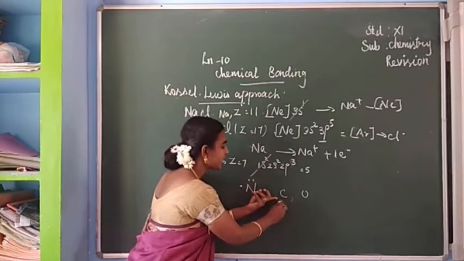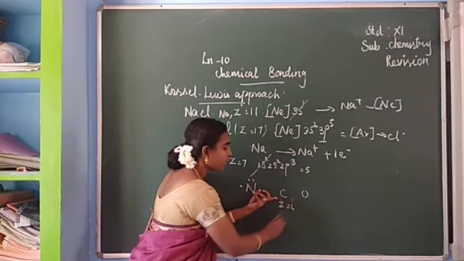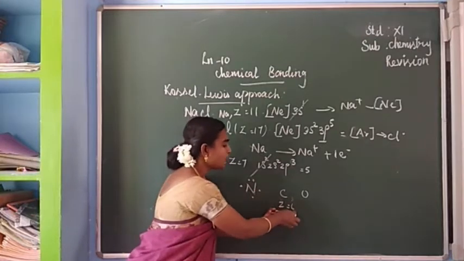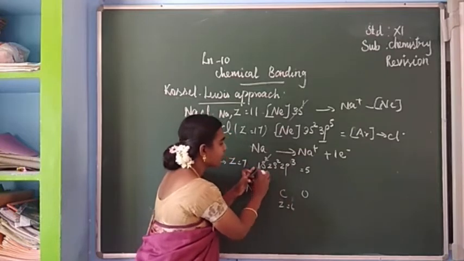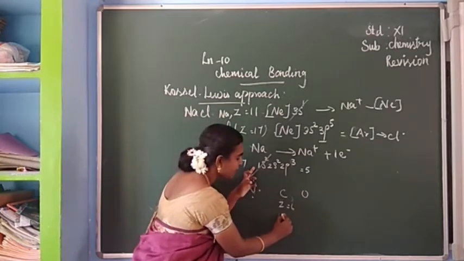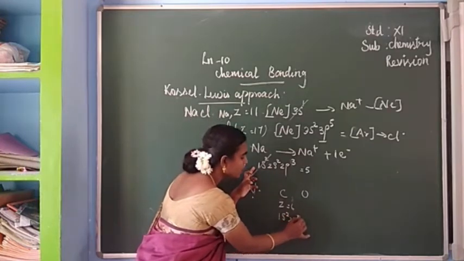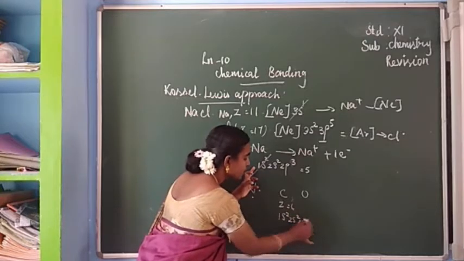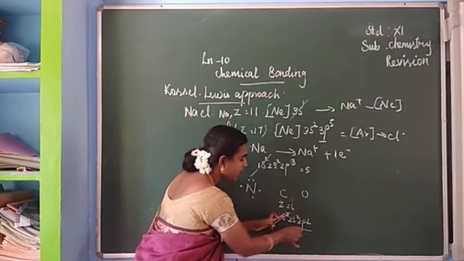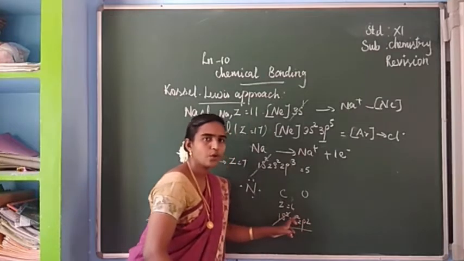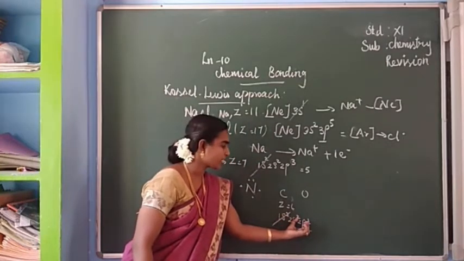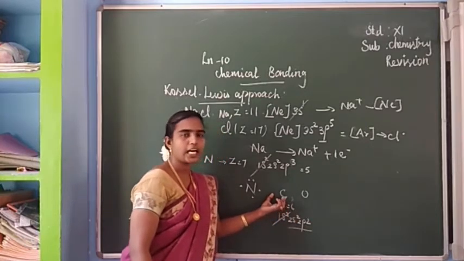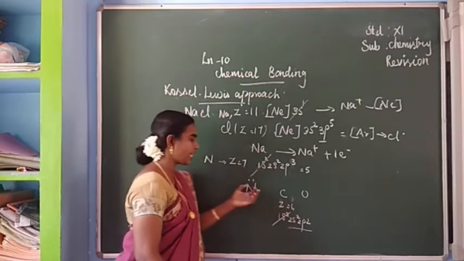That is 6, Z equals 6. How to find the number of valence electrons? When you write the electronic configuration, 1s2, 2s2, 2p2, leave the first shell and the remaining is 2s2, 2p2. How many electrons are present in this valence shell? That is 4, isn't it? So we can say that carbon has 4 valence electrons.